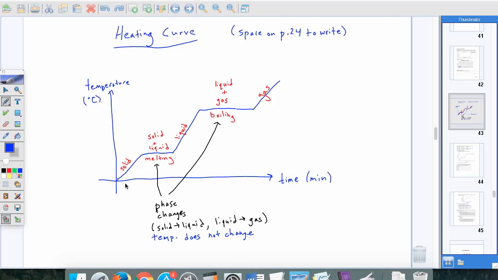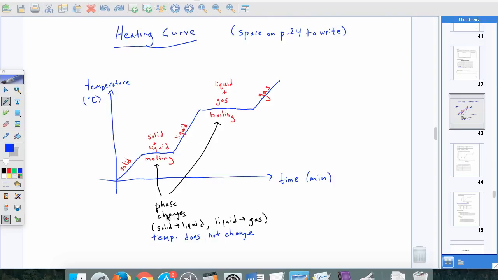The temperature does change in these slanted areas when it's just solid, just liquid, just gas. So that's when we're just heating up the solid, we're just raising the temperature of it. Or we're heating up the liquid, we're just raising the temperature. Heating up the gas, just raising the temperature. But at the point when it's melting or when it's boiling, the temperature does not change.